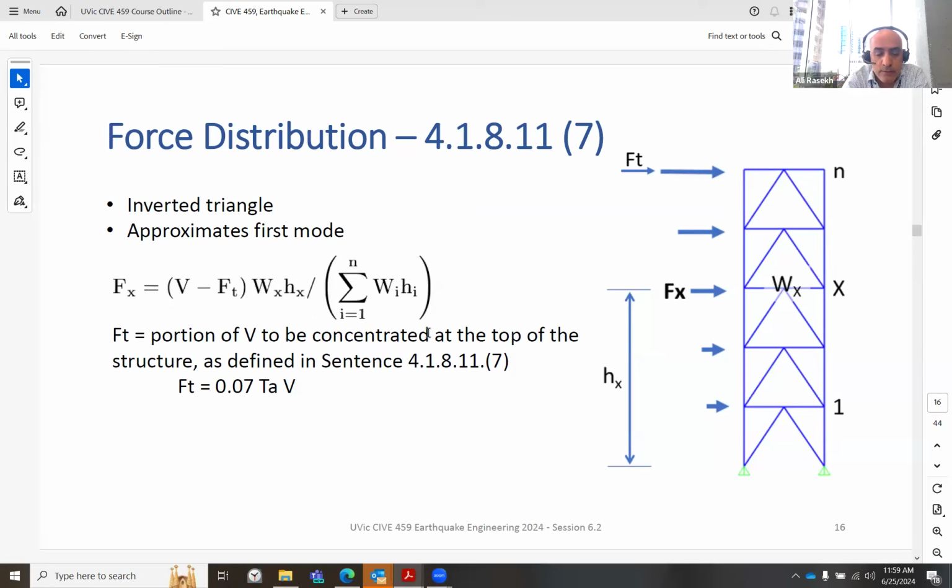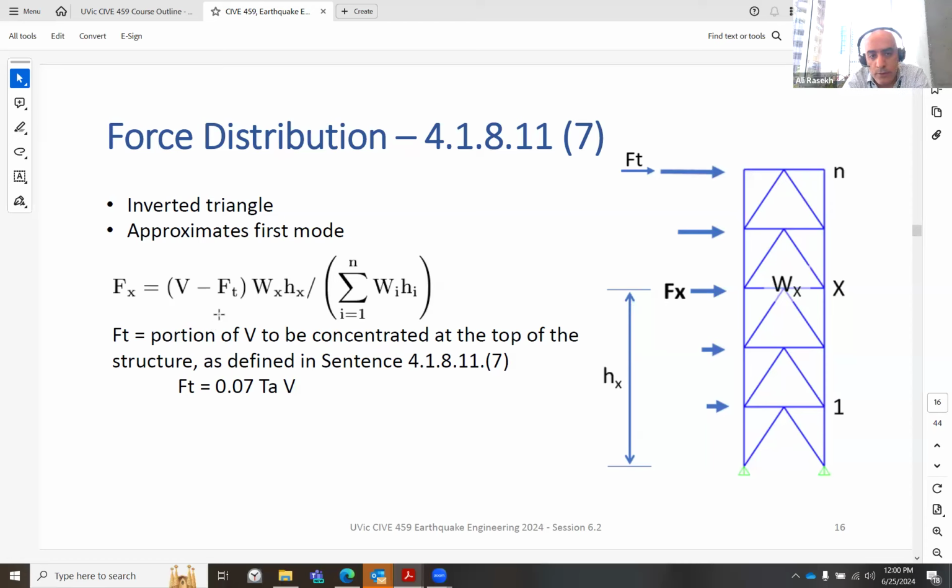Different codes make some variations of this, but the most important concept, which keeps on repeating in different codes and different versions of the same code, is weight of the floor multiplied by the height of the floor from base, and then divided by the summation, repeating the same thing for all floors. So you do the same for first floor, second, third, fourth, and fifth. Then you create this multiplier that gives you the force at third floor.